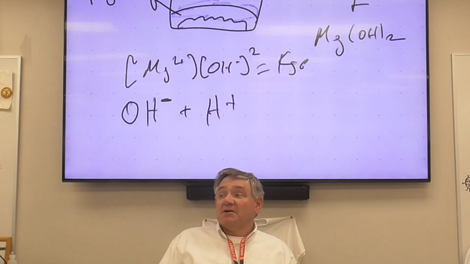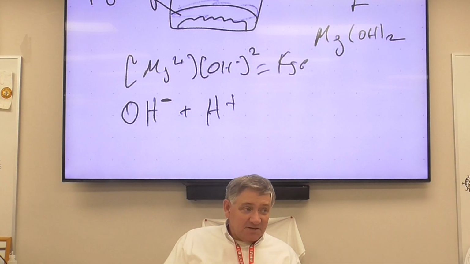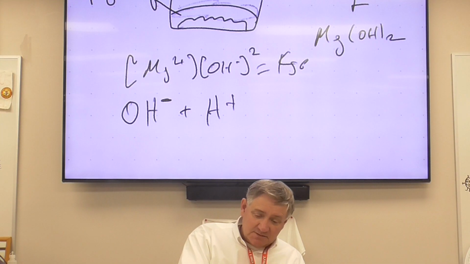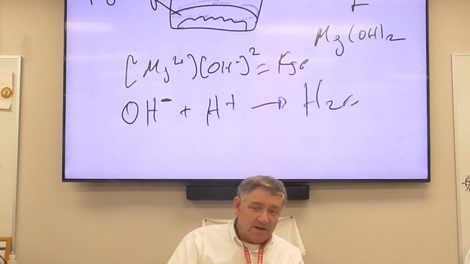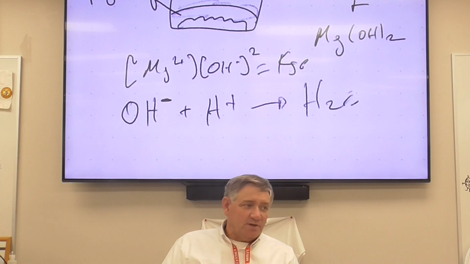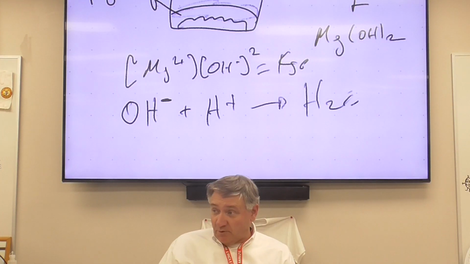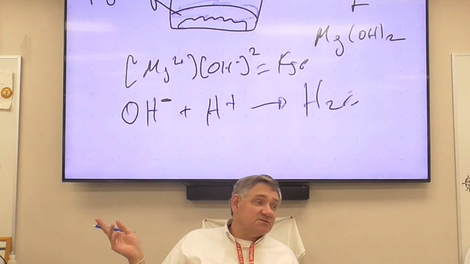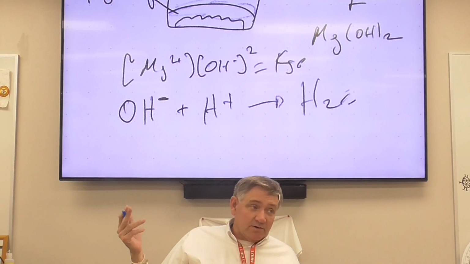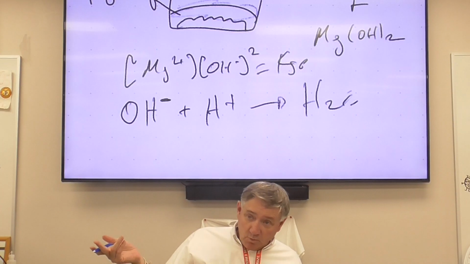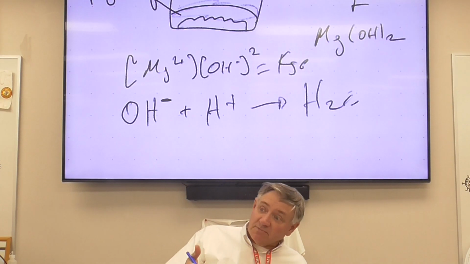Now, when you mix hydronium ions and hydroxide ions, conveniently we get water. Not hydrogen peroxide, we get water, which is the most stable form. If hydrogen peroxide was the most stable form, all of our solutions and waters would be hydrogen peroxide and not water. Conveniently, water is the most stable form.